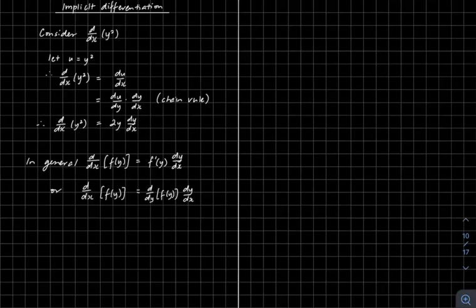So it's saying just differentiate that expression in terms of y with respect to y, and then we can multiply by dy dx.